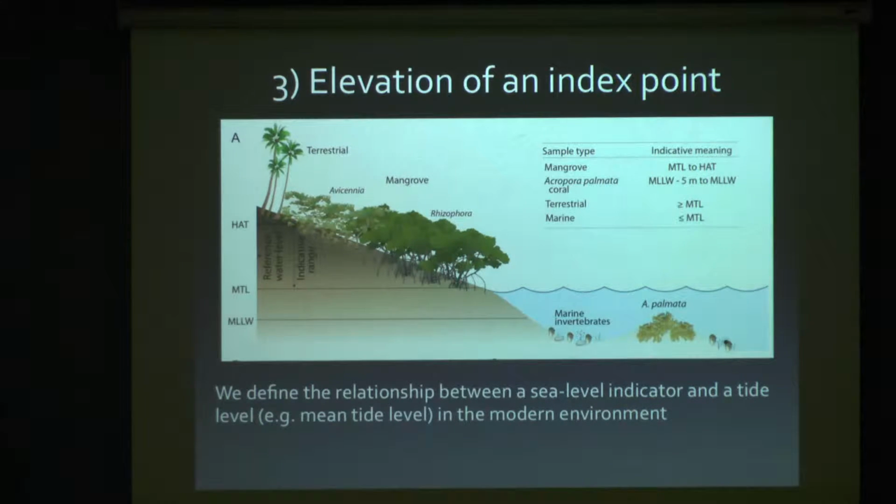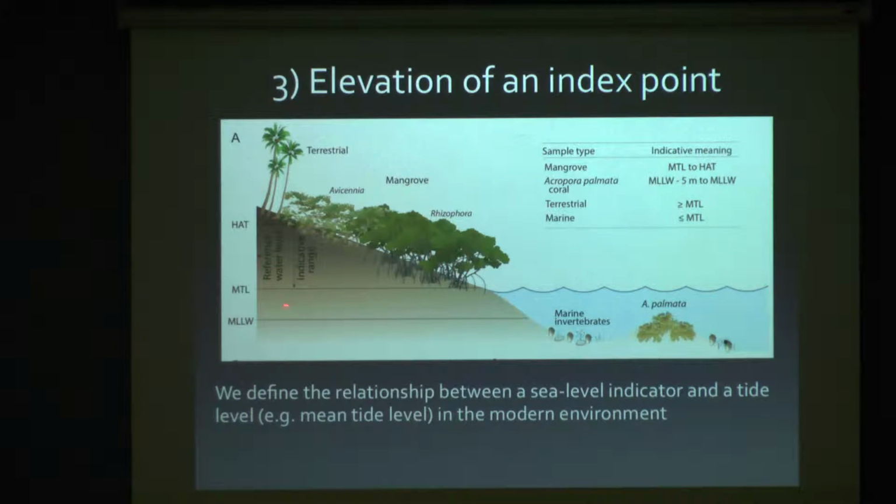So this is the Y position of a sample. We use the indicative meaning of a sample. The indicative meaning is a term that describes a sample's relationship to sea level in the modern environment. So the indicators in this Caribbean database are mangrove peats and corals, like I mentioned. And so the indicative meaning carries two components.